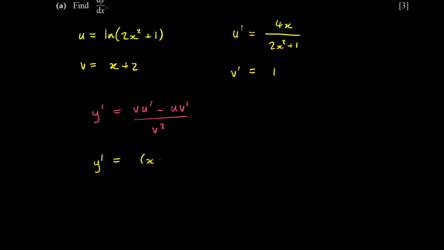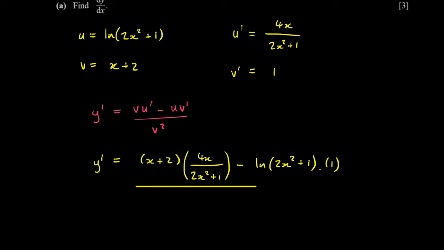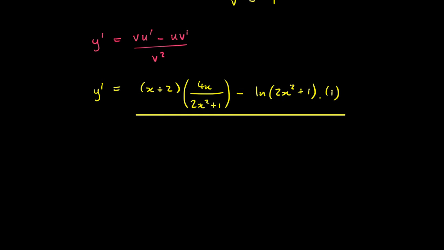So I'm going to get x plus 2 times by 4x over 2x squared plus 1, minus u dv. So that's going to be ln 2x squared plus 1 times by 1. Okay, so times by 1. All over v squared. And our v squared is x plus 2 all squared.